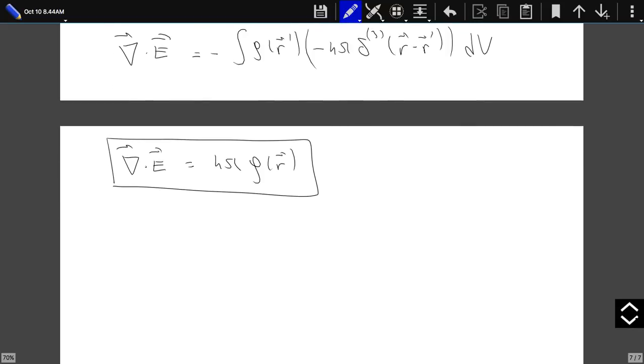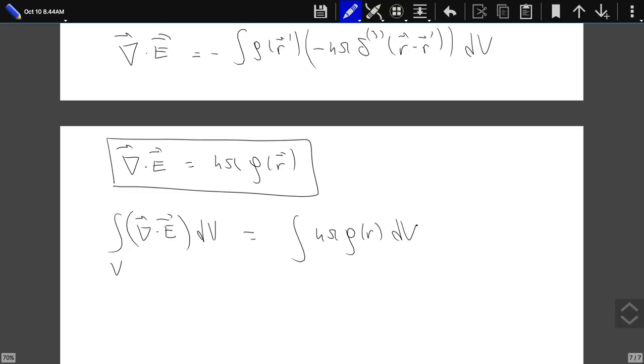Now we can also write this in integral form. In your first year courses we had written this in integral form. What we do is take this divergence of the electric field and integrate it over some volume. On one hand, this has to be equal to 4 pi times rho of r integrated over the same volume.